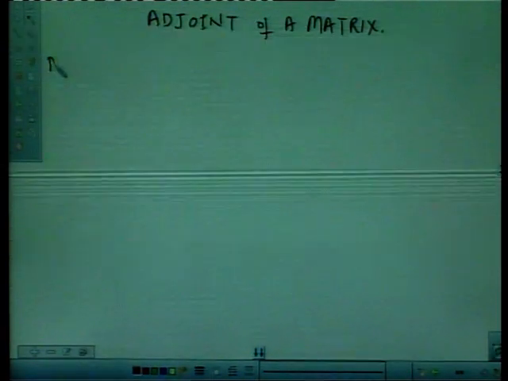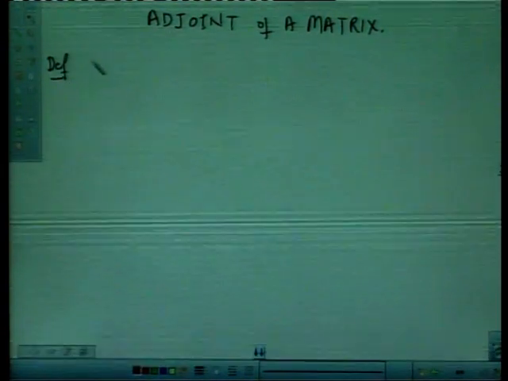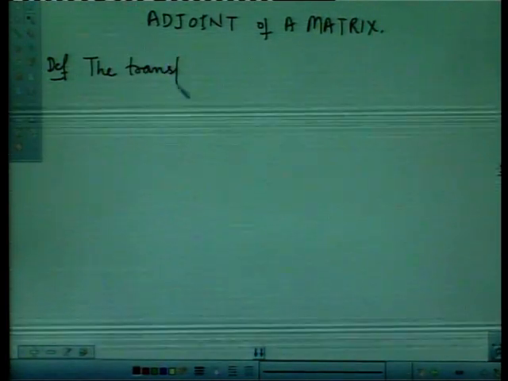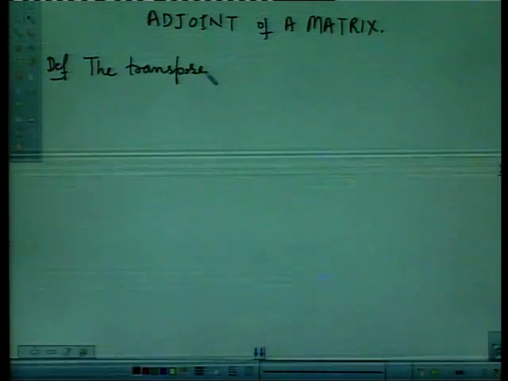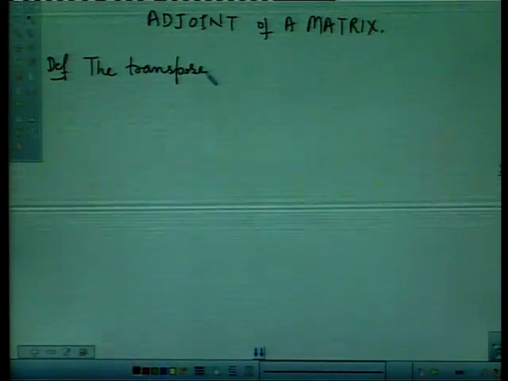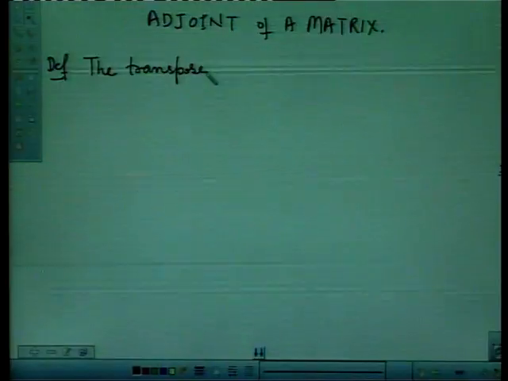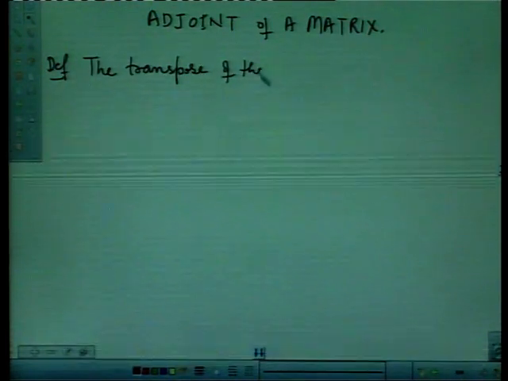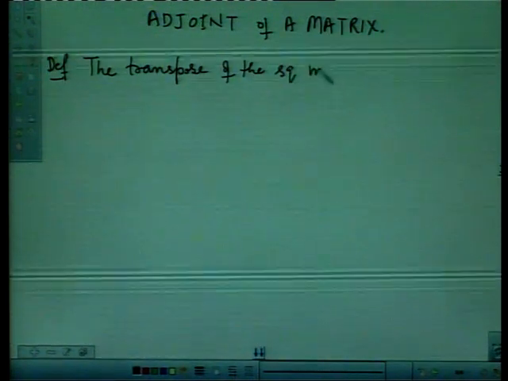First of all, the definition of transpose. What is transpose? If we change columns into rows and rows into columns, then we can say it is the transpose of a matrix.